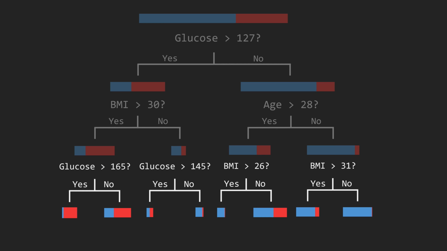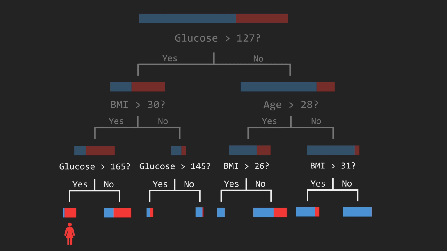Take the first left side branch. It has a strong majority of diabetic cases and only a few non-diabetic, so we assign diabetic at the leaf. This means we introduce some errors during tree construction, and misclassification may occur later. It's good to be aware of this when analyzing results.